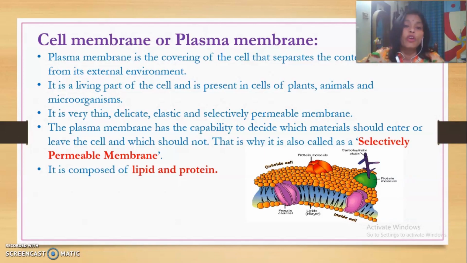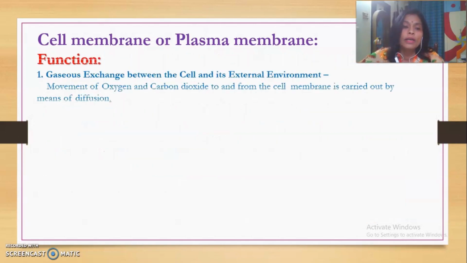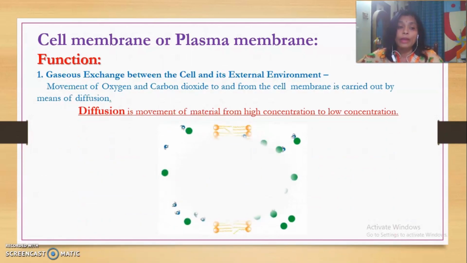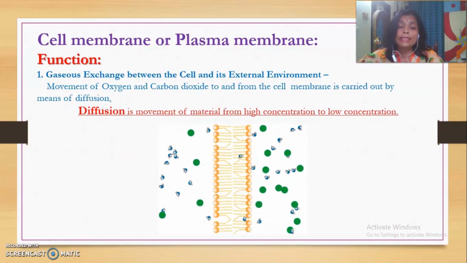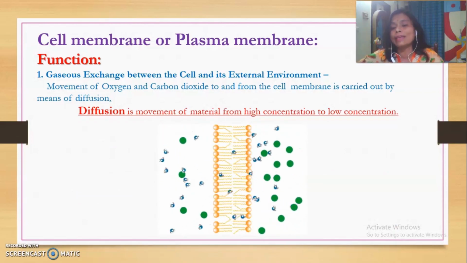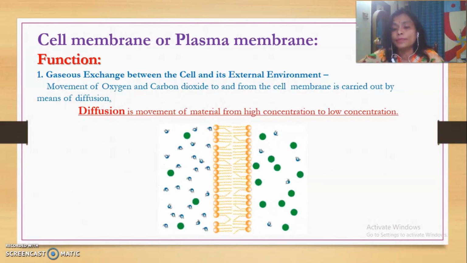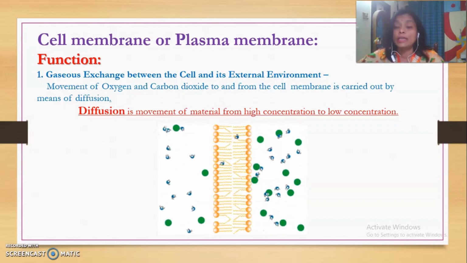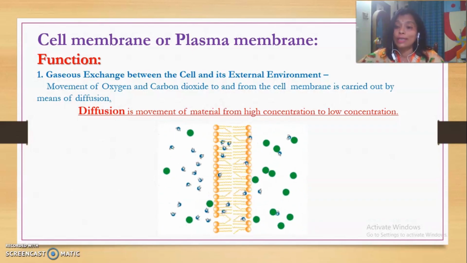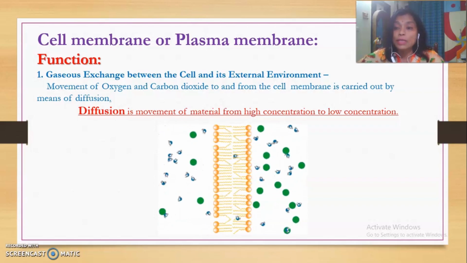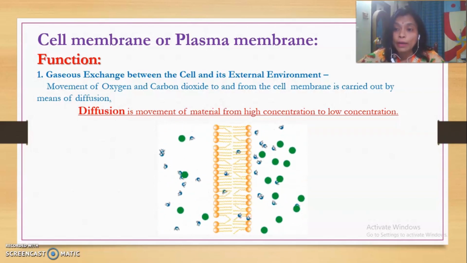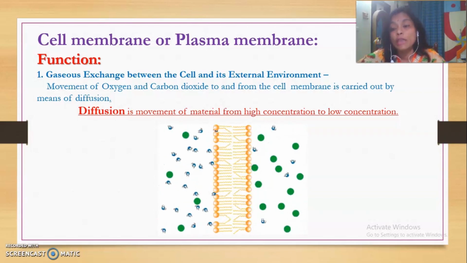Next, we are moving on to the functions of the cell membrane. Cell membrane controls the gaseous exchange between the cell and its external environment. Gaseous exchange means exchange of oxygen and carbon dioxide. Cell is living, so it will also respire, and when it respires, it will produce carbon dioxide.